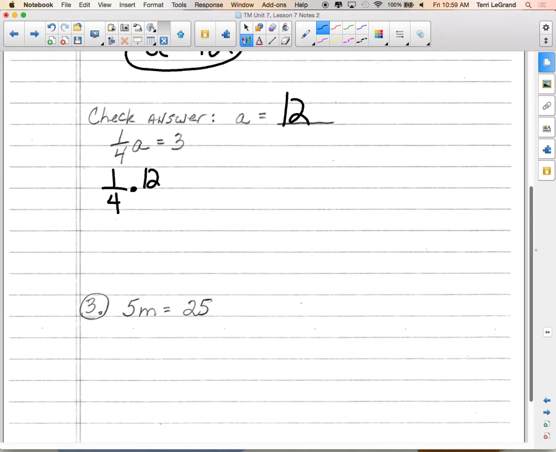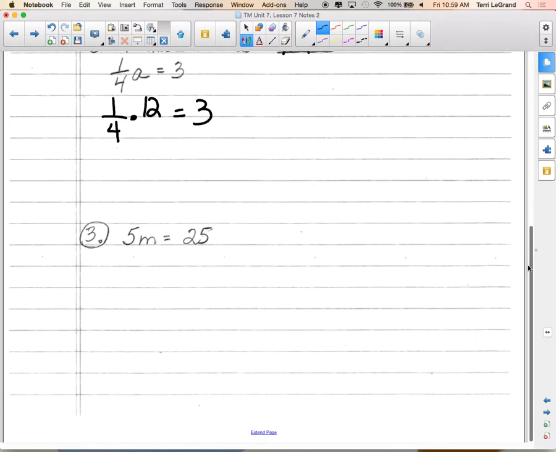So we're substituting in the A value that we got. Any suggestions for what we should do with that 12 we just put in so that we can evaluate?